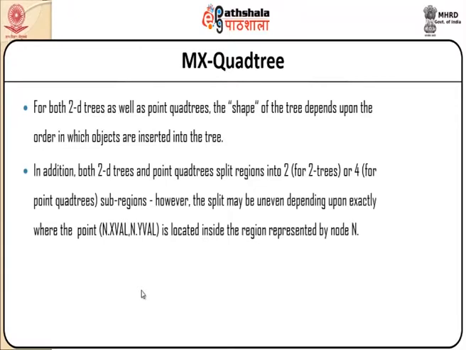In addition, both two-dimensional trees and point quadtrees split the regions into either 2 or 4 sub-regions. However, the split may be uneven, depending upon where the point's x value and y value are located inside the region represented by the node n.